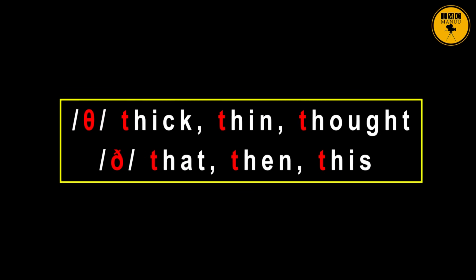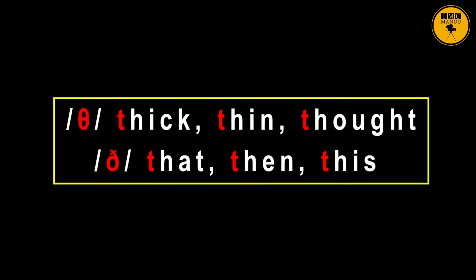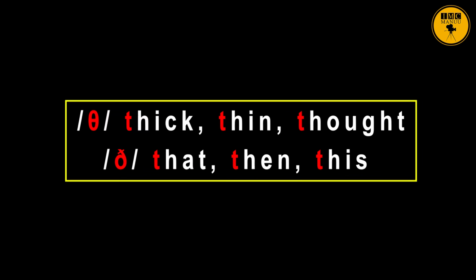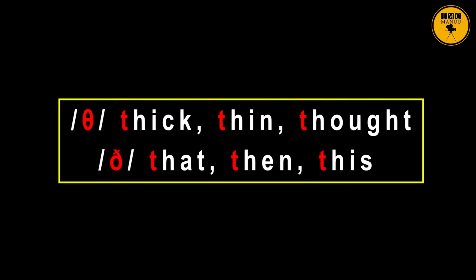And you also have that, then, this. The tip of the tongue is used and the teeth are also close together in the utterance of these sounds. Listen to me once again. Thick, thin, thought. That, then, this.